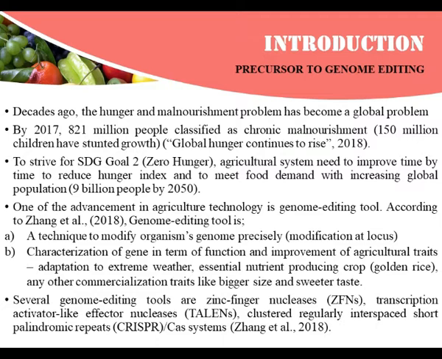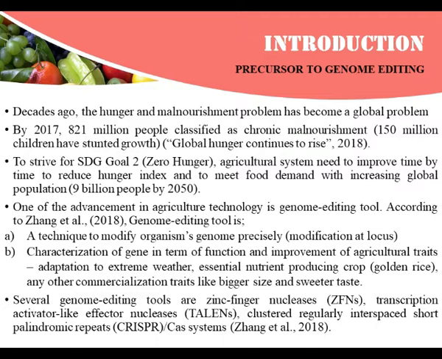To strive for Sustainable Development Goal number 2, which is zero hunger, the agricultural system needs to improve time by time to reduce the hunger index and to meet food demand with the increasing global population, which is estimated to be 9 billion people by 2050. One of the advancements in agriculture technology is the genome editing tool.